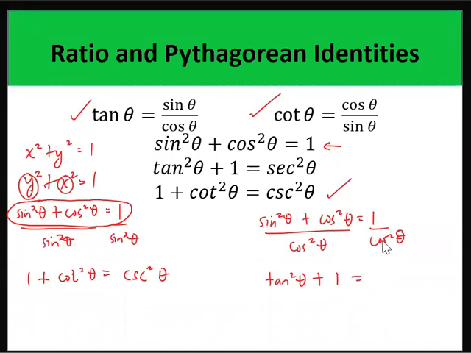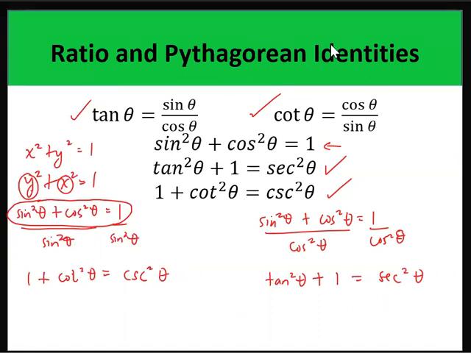And then 1 over cosine squared theta is equal to secant squared theta. So we get this another Pythagorean identity. So the reciprocal identities, the ratio identities, and the Pythagorean identities will form the so-called fundamental trigonometric identities.